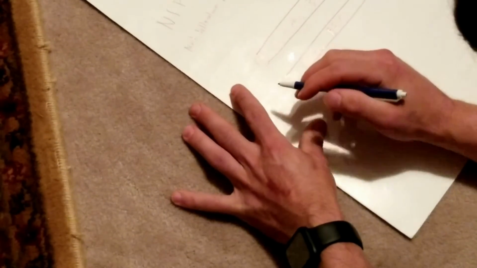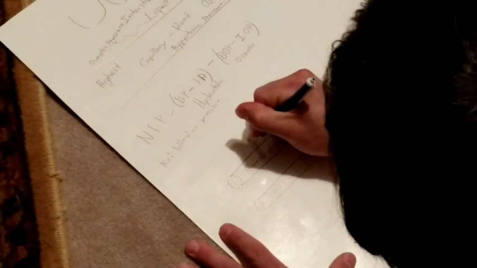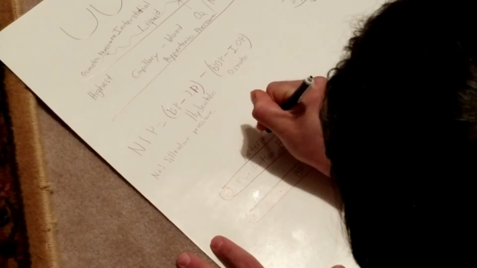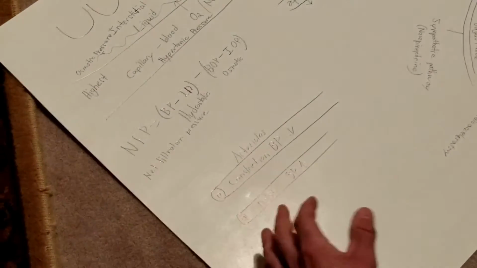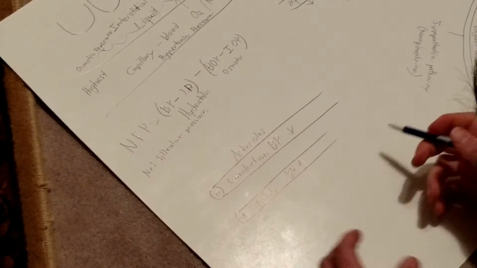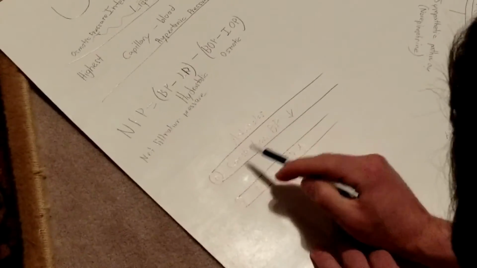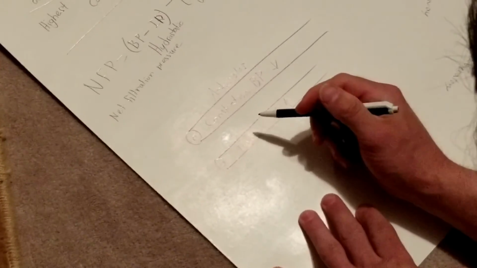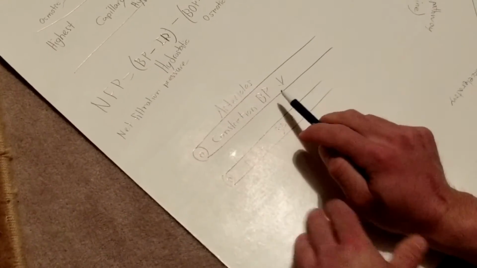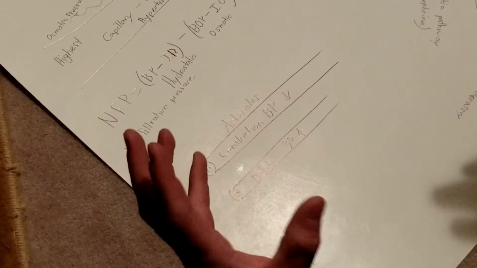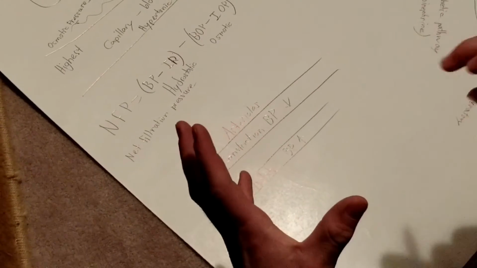So normally when we constrict our arterioles, blood pressure increases, but in this case the arterioles are before the capillaries. So whenever we constrict our arterioles, our capillaries are receiving less blood as a result of that.